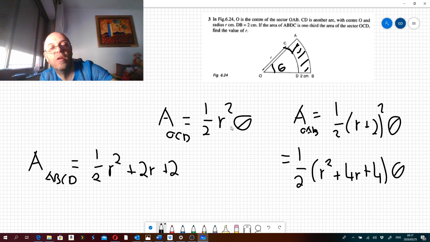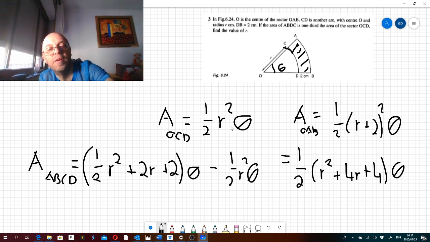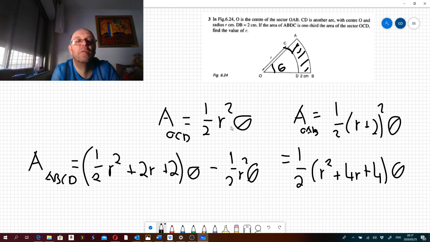I just multiplied that half in, and then we must subtract, sorry, all that is multiplied by theta. So let's put it in brackets, times theta, minus the half r squared theta of the small sector.